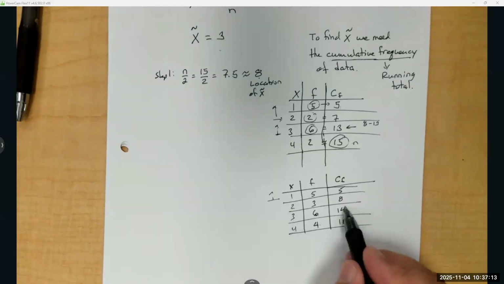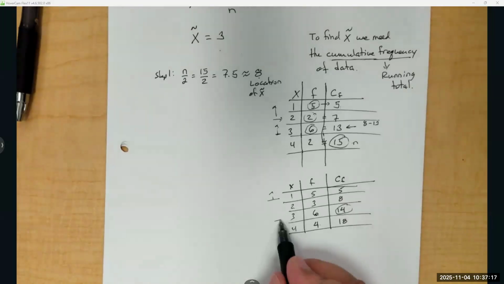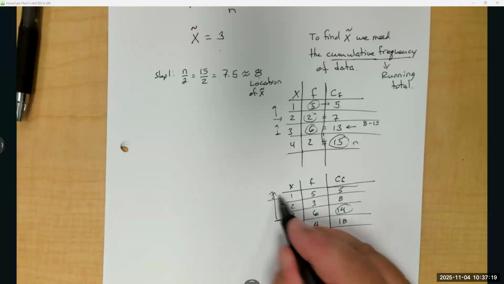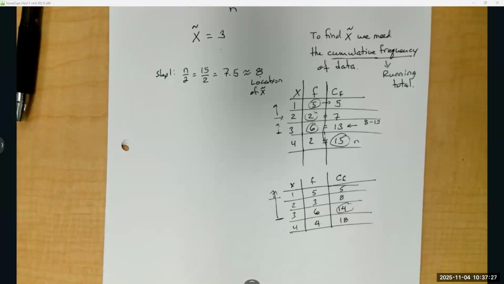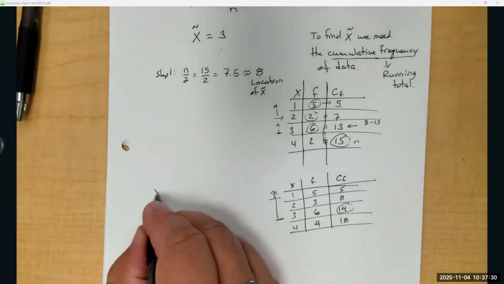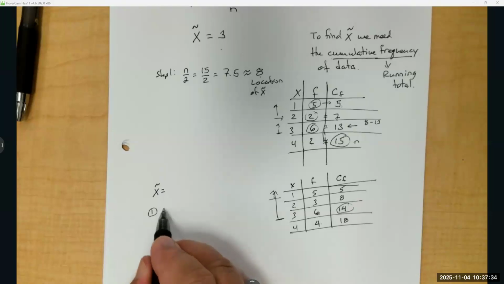So again, what does this number tell us? It tells us that from this data set down, there are 14 elements of our data set. So let's find the median. First step, take n divided by 2.